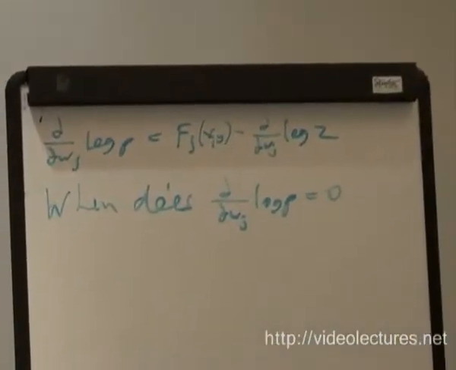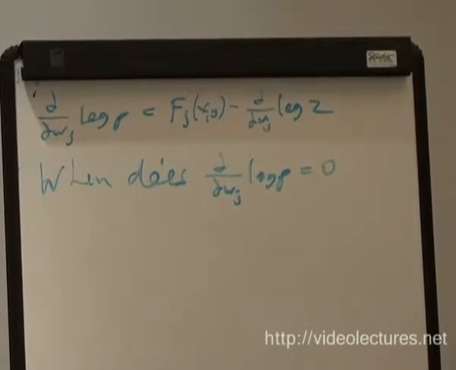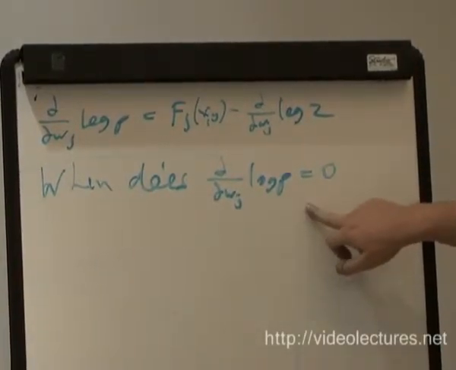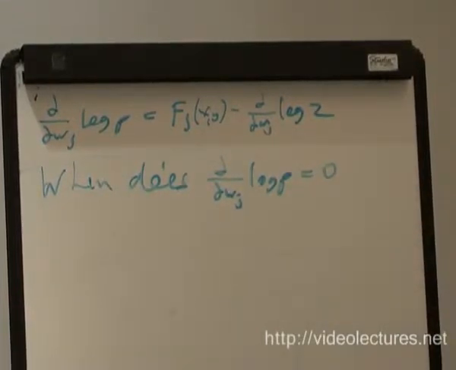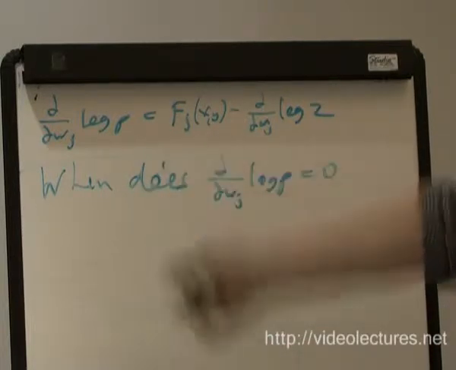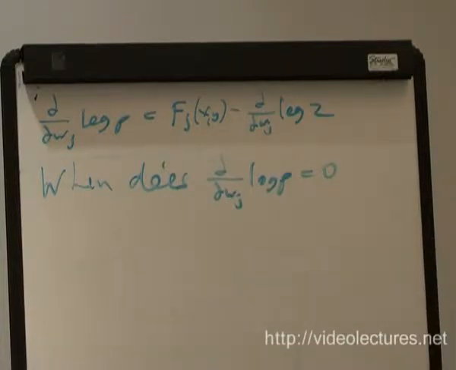Because if the derivative equals 0, then we can skip doing any update for this feature. And if we have tens of thousands of features, then we don't want to have to update every feature for each training example. We'd like to be able to skip doing most updates for most training examples.